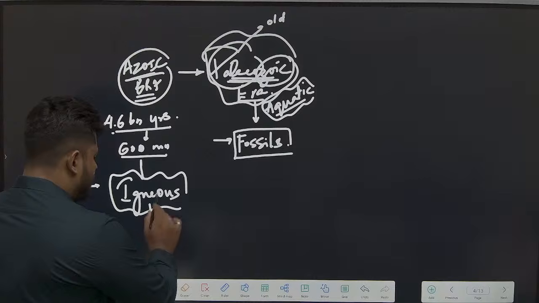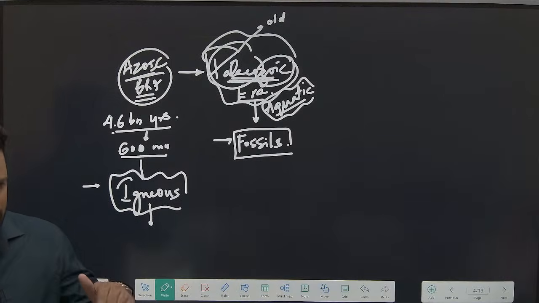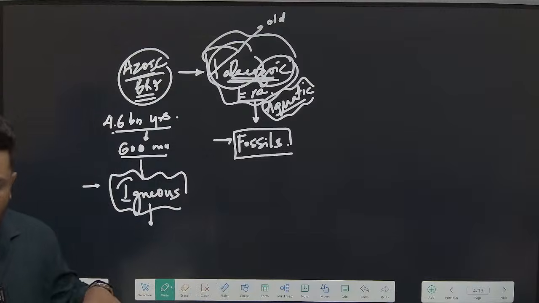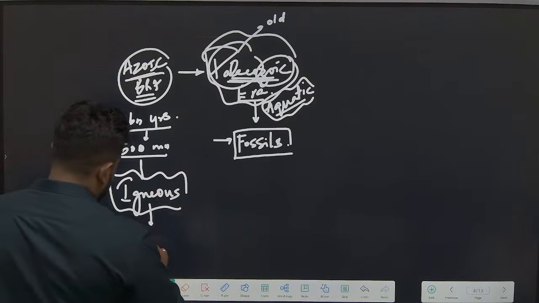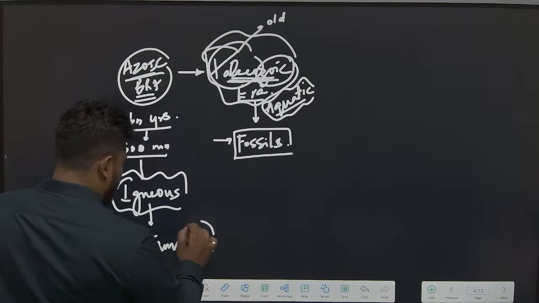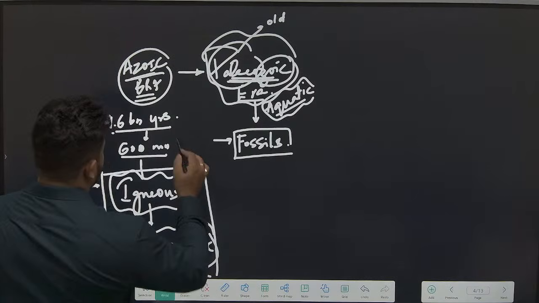But igneous, will it stay in the same characteristic features, same physical features for a long period of time? No. If it is subjected to abundant amount of time, pressure, volume changes, what will it transform into? Metamorphic rock. So that means you agree with me that there is igneous formation in the earlier times.